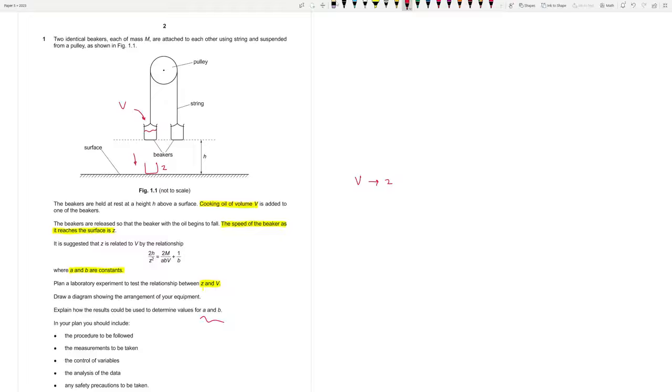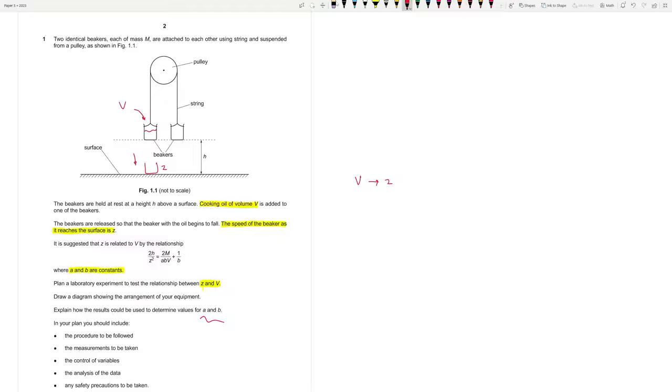So let's go. We can get rid of 2. Okay. Yeah, I guess that's it. 1 by z square is equal to 1 by v, and here we have m by abh plus 1 by 2bh. So this is it. This is the analysis.